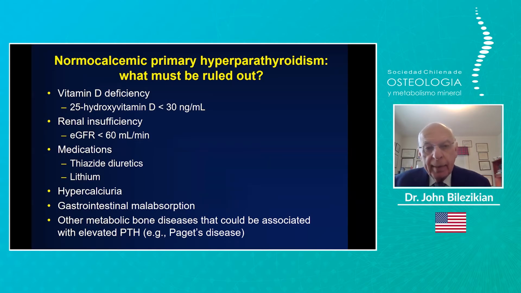We know that renal insufficiency, less than estimated GFR of 60 ml per minute, can be associated with a high PTH level. We know that thiazide diuretics and lithium can be associated with a high PTH level. Unusually, patients who have a primary renal leak disorder of hypercalciuria can have a high PTH level. Any gastrointestinal disease associated with malabsorption and other metabolic bone diseases such as Paget's disease.